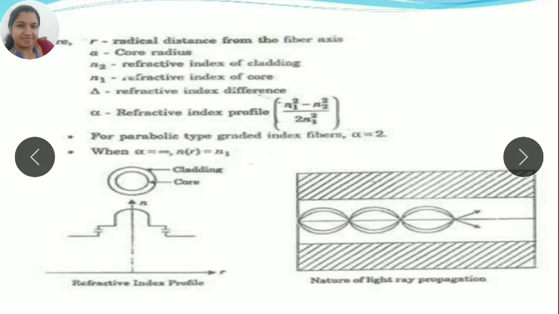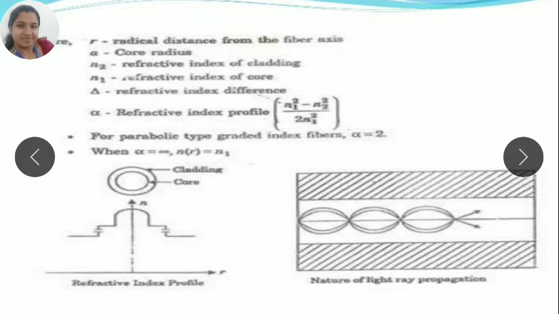Optical fibers are generally classified on the basis of the refractive index of the core and the mode of propagation. Based on the refractive index of the core, there are two types: step index fibers and graded index fibers. Based on the mode of propagation, there are two categories: single mode fibers and multimode fibers.